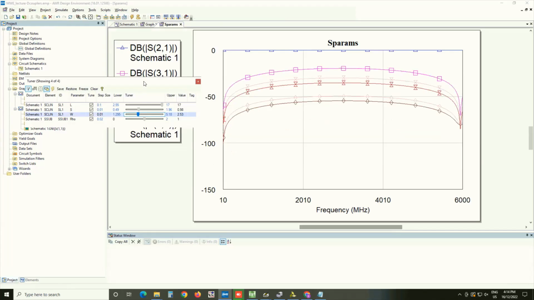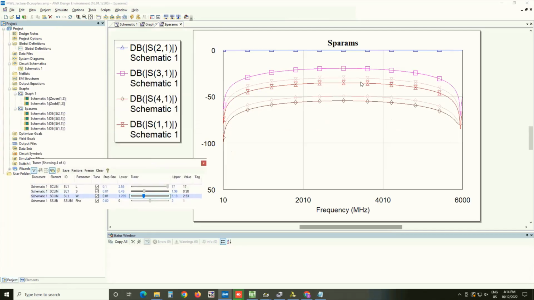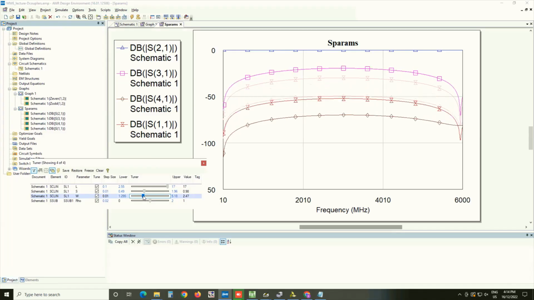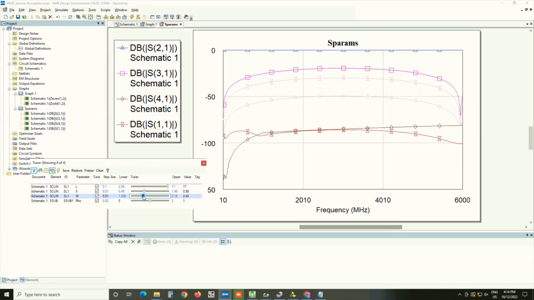Remember, the ones which are changing are the isolation and the port match. Both of them are going down. The other 2 are hardly changing, and that kind of makes sense because these are already several orders of magnitude below, and this is some fine tuning we are doing. In a real device, you will never get this kind of performance, because getting reflection at -50 is very difficult in practice. But since we are looking at some idealized models here, we can see what this model tells you. So it's now getting smaller and smaller.